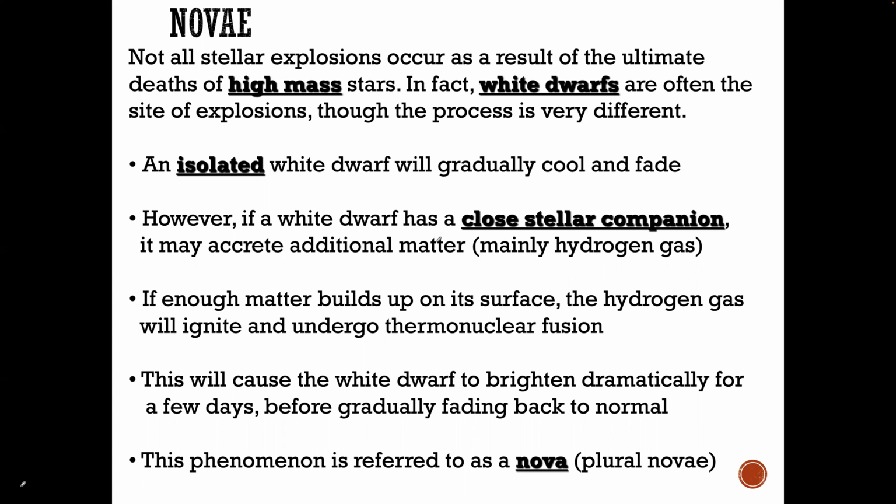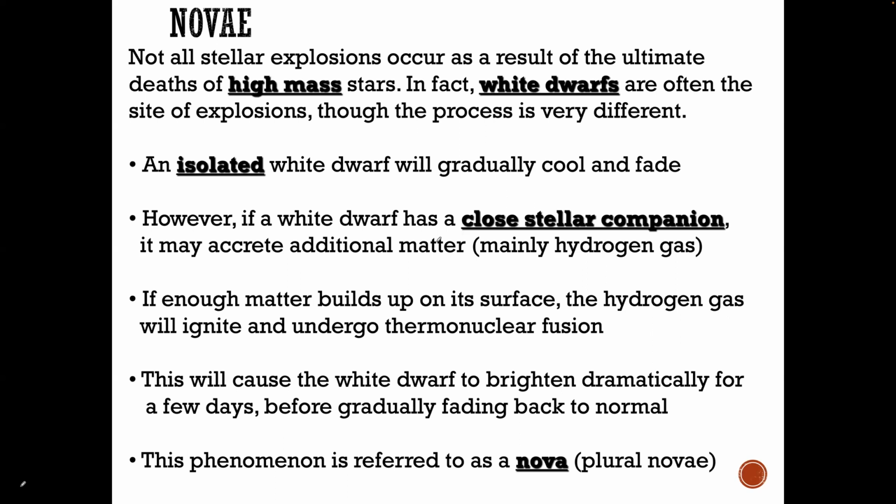And this will cause the white dwarf to brighten very dramatically for a few days and then gradually fade back to normal. This is due to these hydrogen fusion reactions, which emit a huge amount of energy.